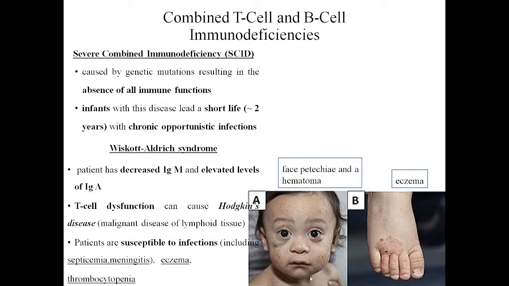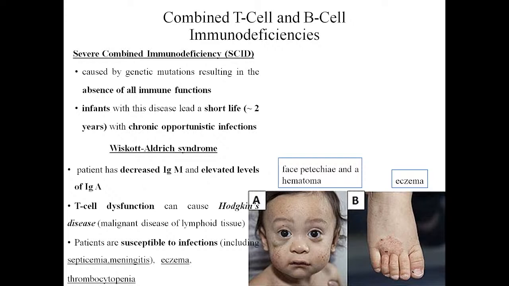You can see rashes on the face of this child, and hematoma. Hematoma occurs not because of biting. Petechia and hematoma are caused by thrombocytopenia. What is thrombocytopenia? It's a loss of platelets or thrombocytes, loss or absence of these cells. What is the main function of platelets in the blood?